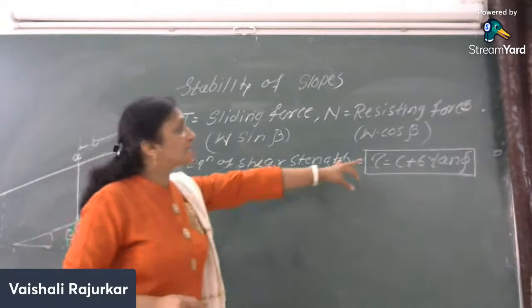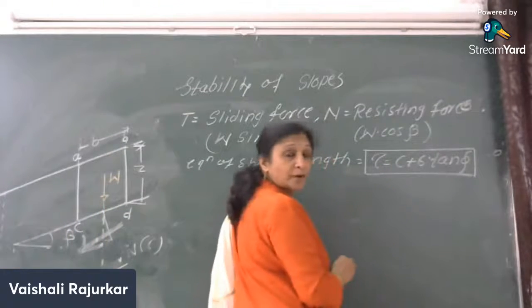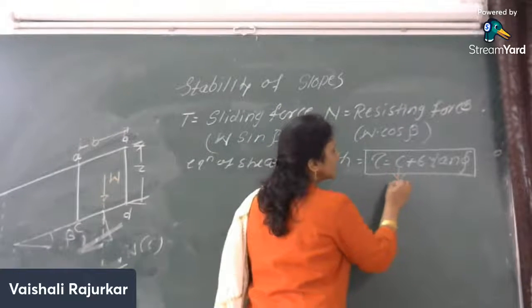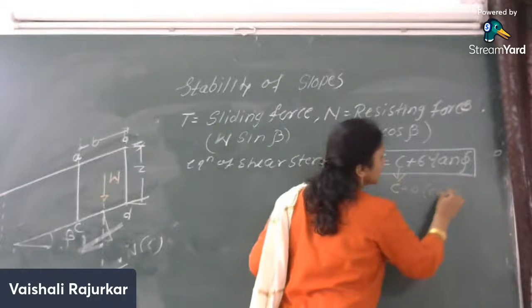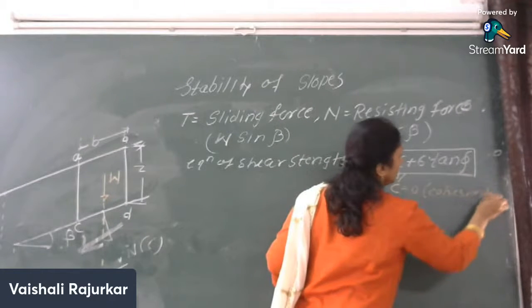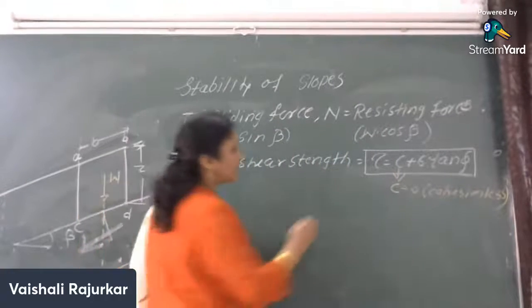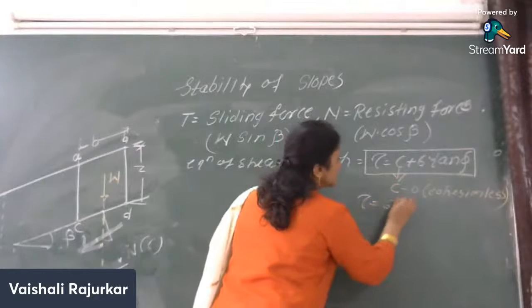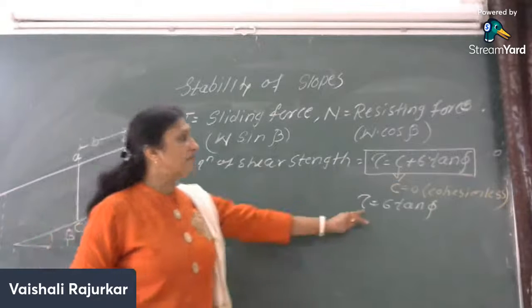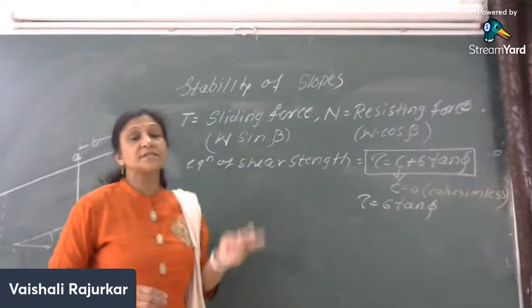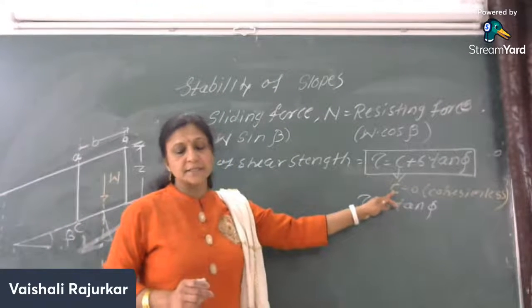Now here, as the soil is a pure cohesionless soil, therefore the C value is 0. As the soil is cohesionless, tau is equal to sigma tan phi only, meaning the shear strength in the soil is due to the angle of shearing resistance only because the cohesion component is 0.